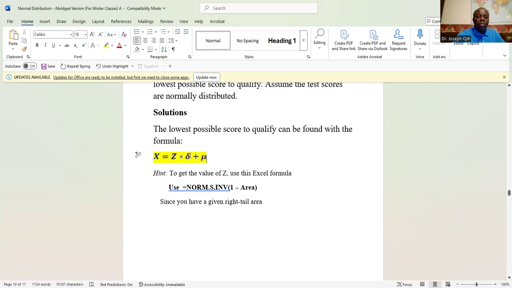But before you can use this formula, you need to find Z. For that, you're going to use this Excel formula here, which is NORM.S.INV. How do I know that?